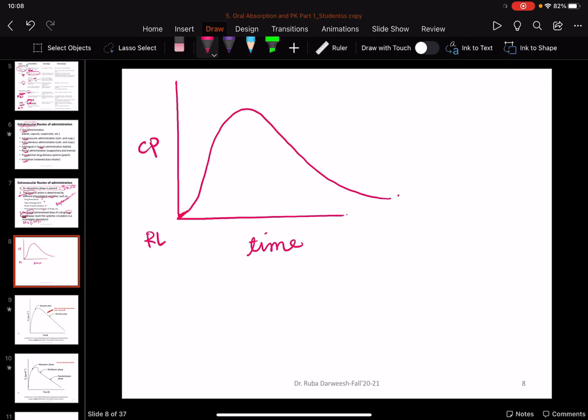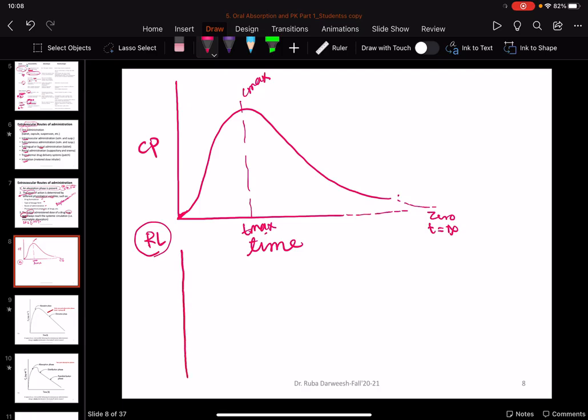Start from 0, and this is the C max, and T max, and then this will continue to decrease until we reach 0 at time equal infinity. Okay, so this is what you will see on a rectilinear profile.